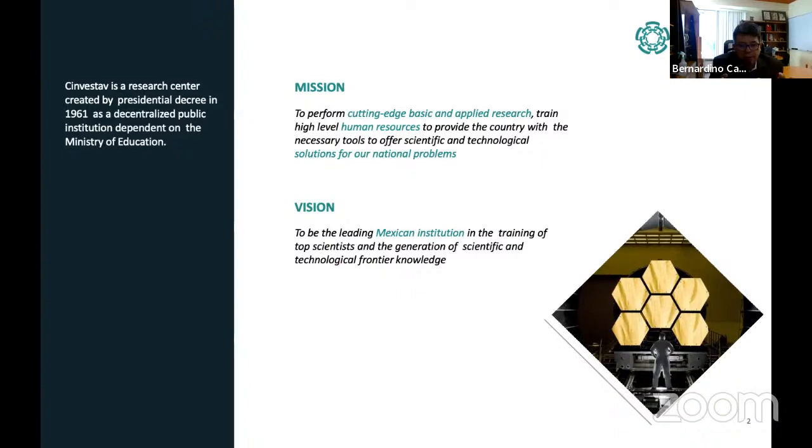In particular, the current government is devoted to solving social problems for the Mexican population. The vision of CINVESTAV is to be the leading Mexican institution in research and generation of scientific knowledge.